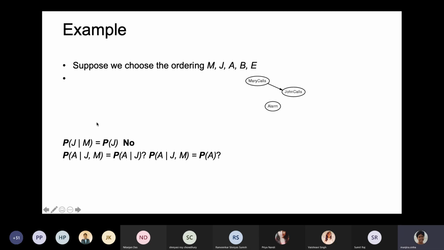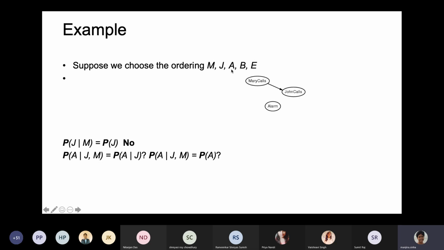But as this is not equal, we establish a connection from Mary calls to John calls, because definitely somehow Mary's calls influence John. Now the thing is, where are we getting this information from? For the time being, we are assuming that it is given. Okay, for the example. Now Mary calls to John calls.